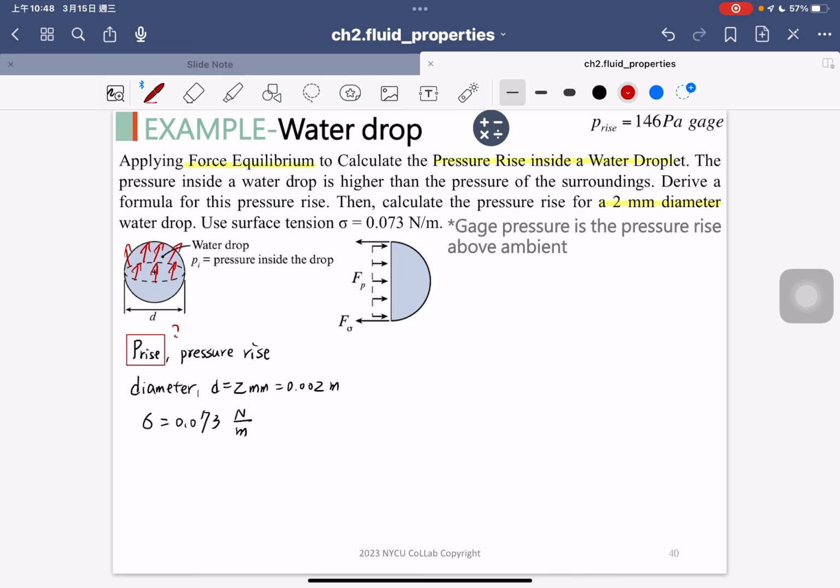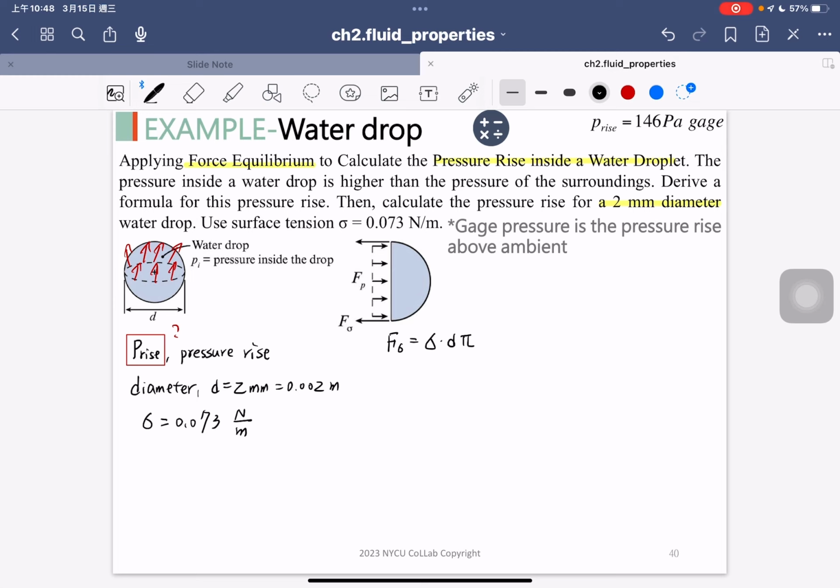So what's the force caused by the surface tension? We know that the surface tension sigma we should multiply with the circle length. With the diameter d, the circle length should be d pi, right? So the circle length is the diameter multiplied by pi.